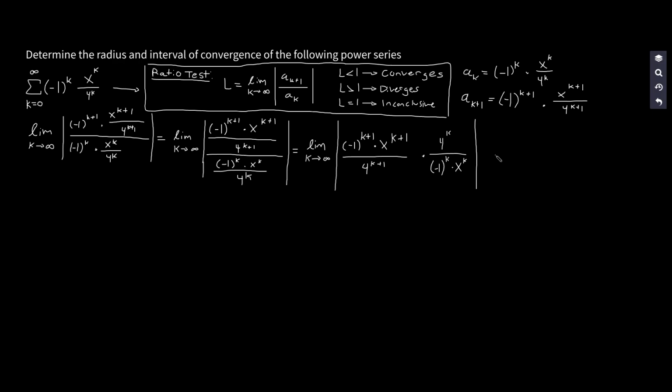So now, let me just check this. Yeah, I think that's right. I'm gonna regroup into three separate rational expressions in the absolute value bars just because it's easier for me to conceptualize.